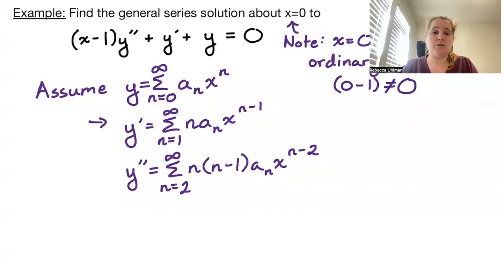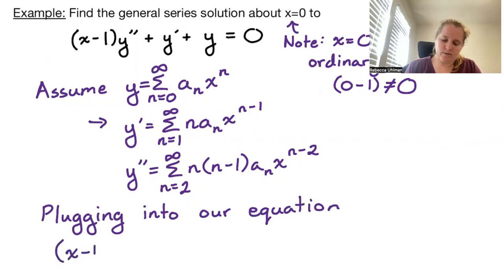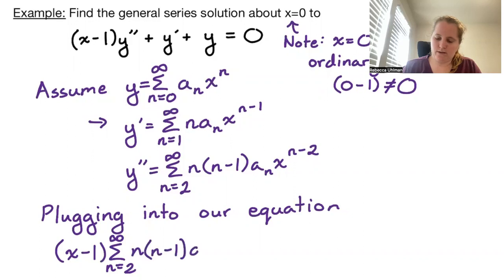If we plug this into our equation, we have x minus 1 multiplying the sum from n equals 2 to infinity of n times n minus 1 times a sub n times x to the n minus 2.